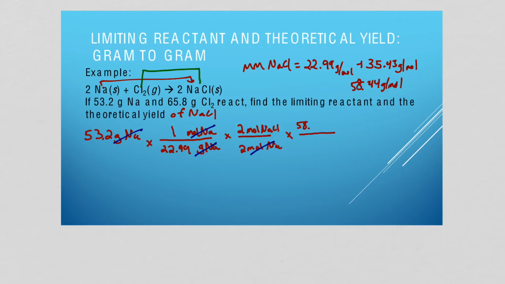So 58.44 grams of sodium chloride per 1 mole of sodium chloride. Of course, that cancels out, and our answer will be in grams of sodium chloride.